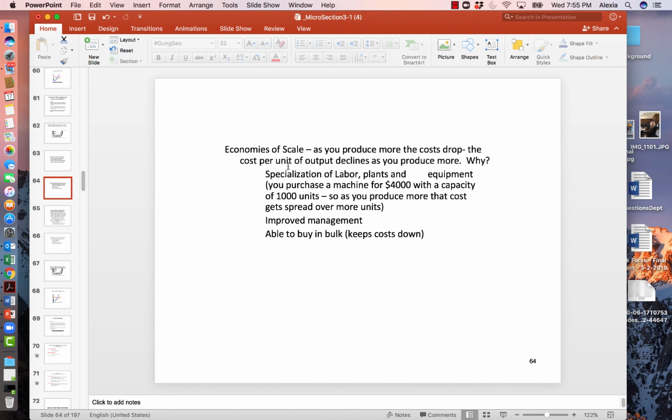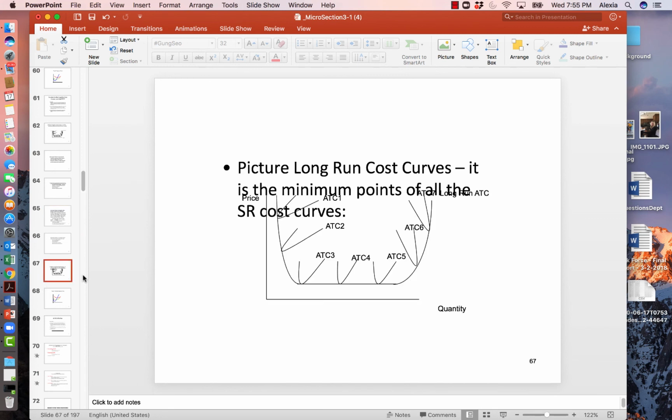Well, because as you get bigger, you're able to buy things in bulk. And companies that can buy things in bulk don't have to pay as much per unit for those things. And so it can cause the cost per unit to go down.